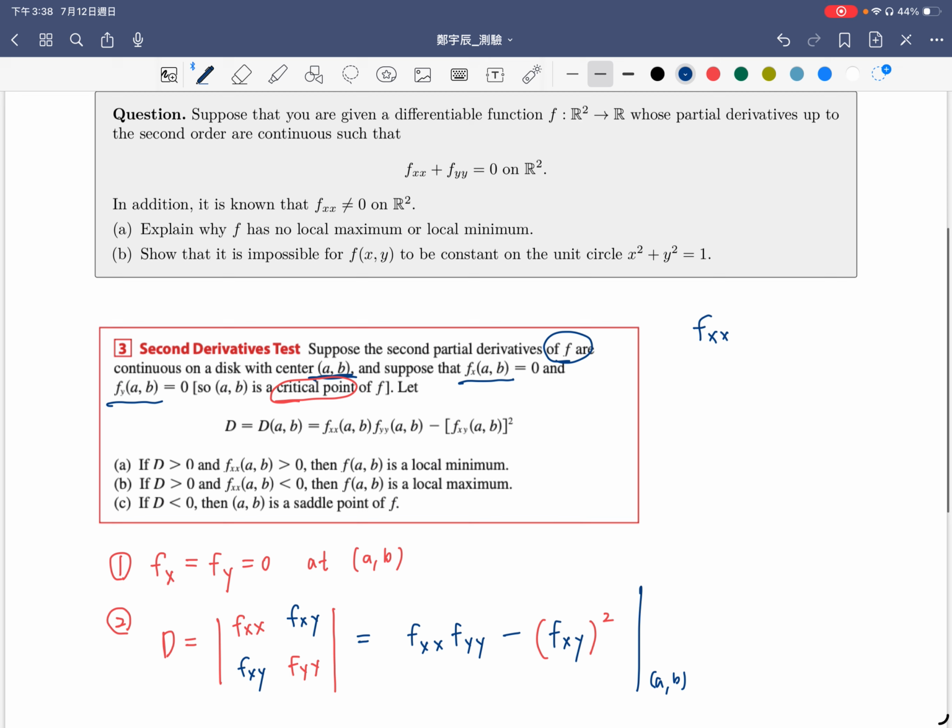Since fxx plus fyy is 0, we can move fyy to the other side, so fyy equals negative fxx.